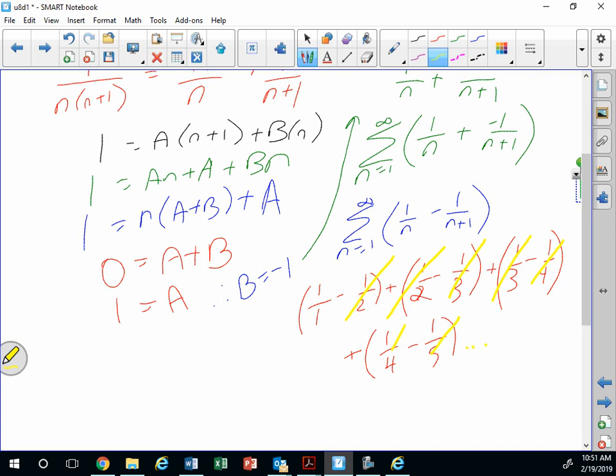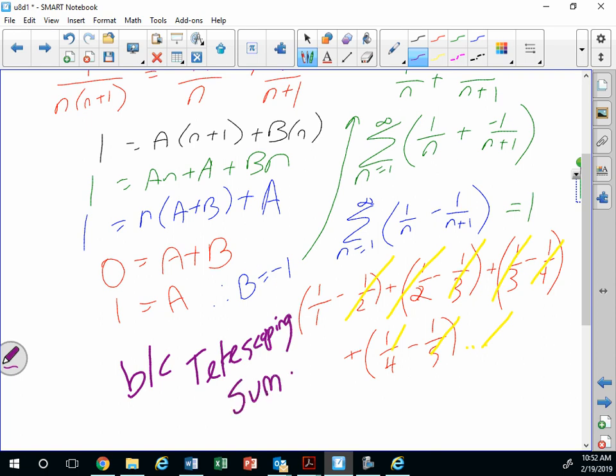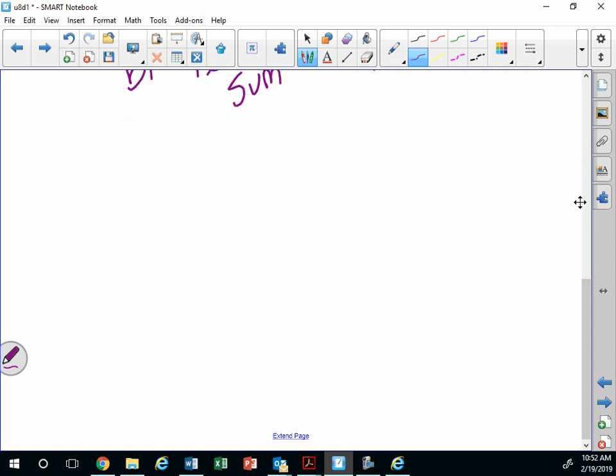This won't cancel out with the next one. What's it going to equal? Ladies and gentlemen, this is considered a telescoping sum. So therefore, it is convergent.